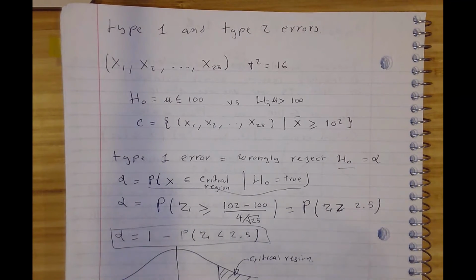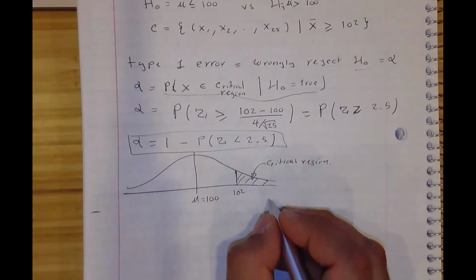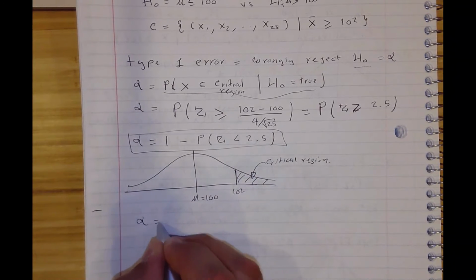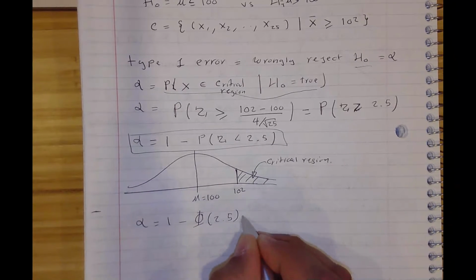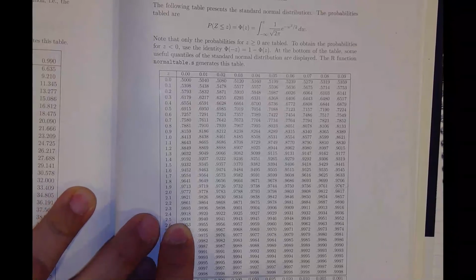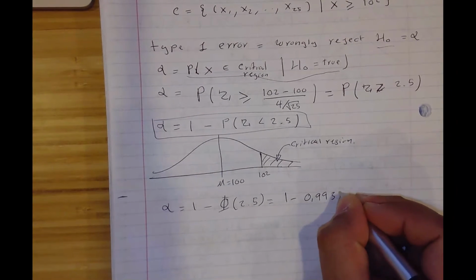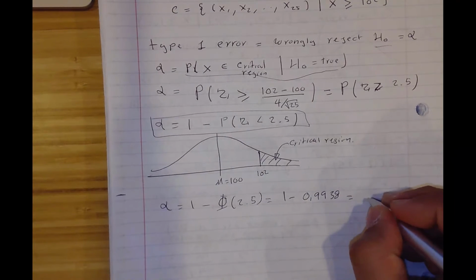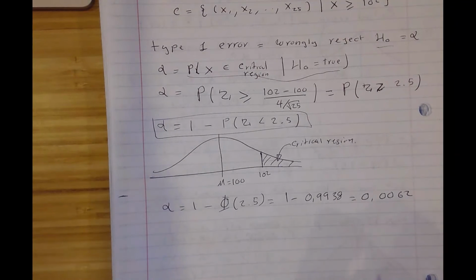And for that we can basically rewrite that as probability 1 minus the standard normal of 2.5, which we can look here, and 2.5 is in this part 0.9938. So it's 1 minus 0.9938, which is equal to 0.0062. Okay?